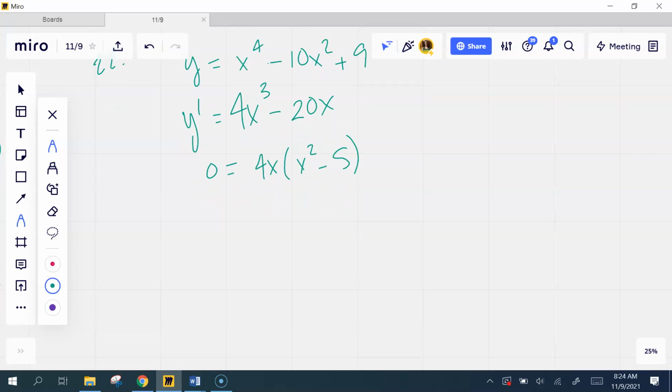Okay, so I have 3 zeros here. We'll set that to 0. We'll take the GCF out first. I took a 4x out from both of those terms.